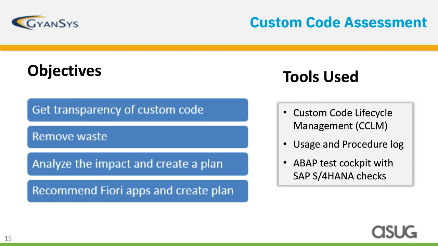Custom code assessment, as I said, when you do custom code assessment, the first thing is to get a work list out of this assessment. That's the full objective. And on the side note, you can remove wasted code, which is dead code not getting used at all. Or you can improve certain performance. For example, certain custom code is taking time, maybe 10 minutes using the old database model.